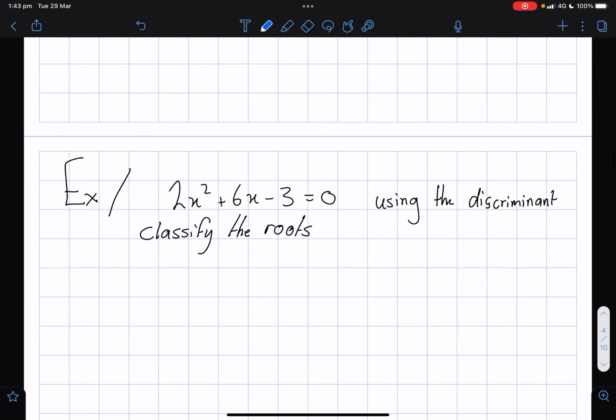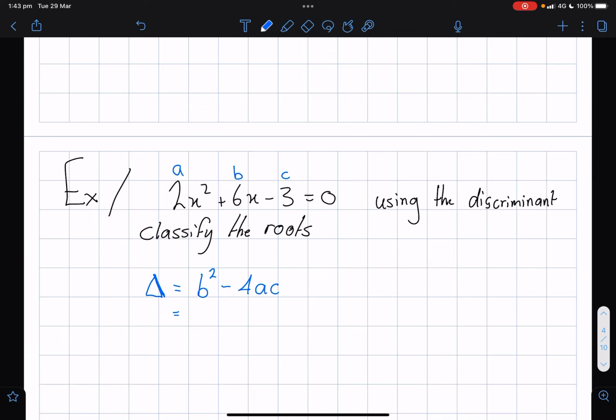If it says using the discriminant, we know straight away we're going to be using our discriminant, which is our b squared take 4ac, right? And remember, I like to label my coefficients in my quadratic, so it's super easy to see which value goes where.